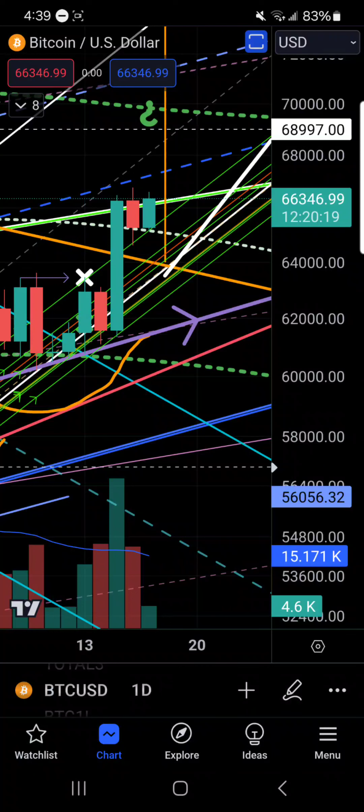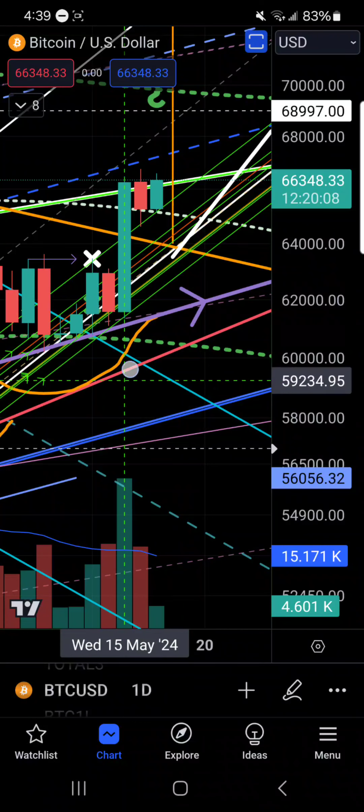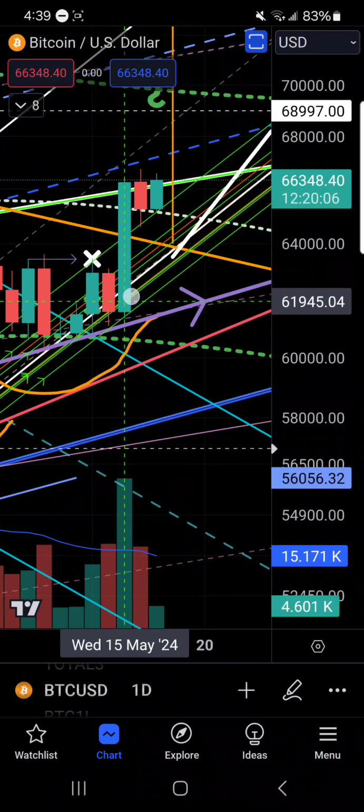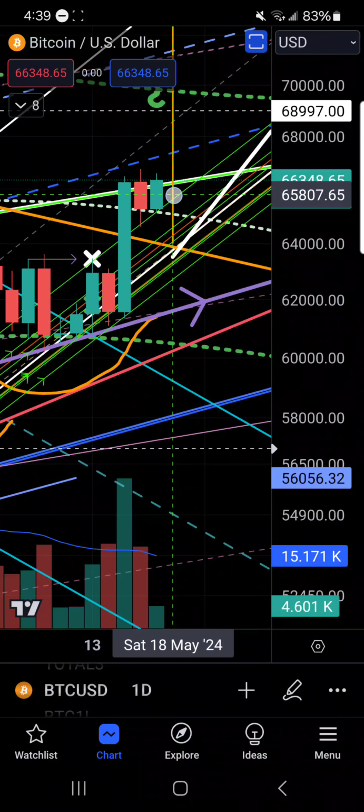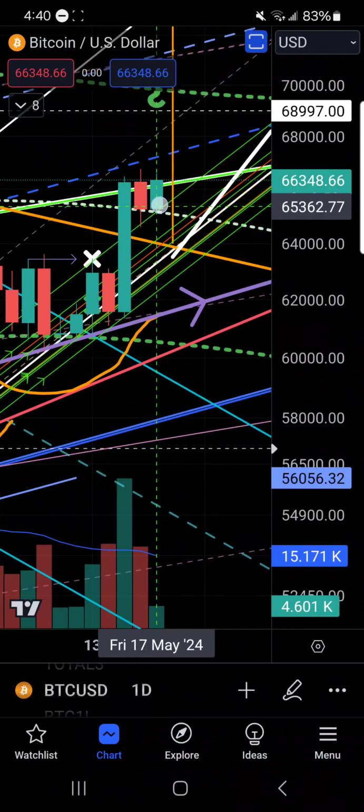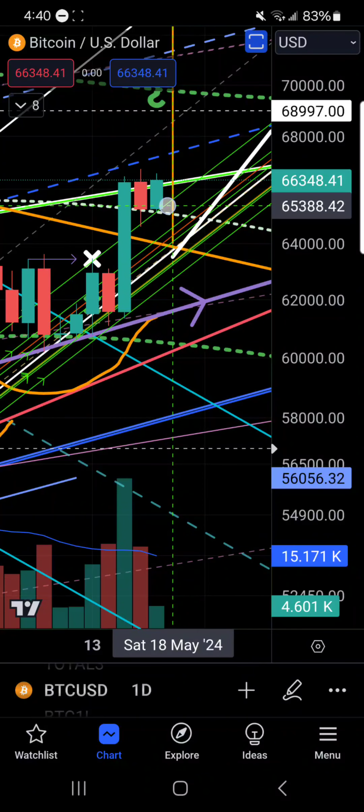Now, what I do see forming here is a sliding pickle sandwich candlestick formation, which I have coined myself. It happens when you have a large green candle and then a nice little short red candle at the top here, and then another green candle forming here.